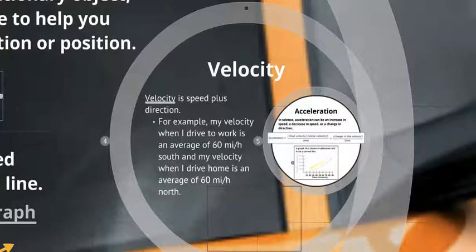So, for example, my velocity when I drive to work is an average of 60 miles per hour south, and my velocity when I drive home is an average of 60 miles per hour north. So again, we have this distance over time with this new variable of direction attached.